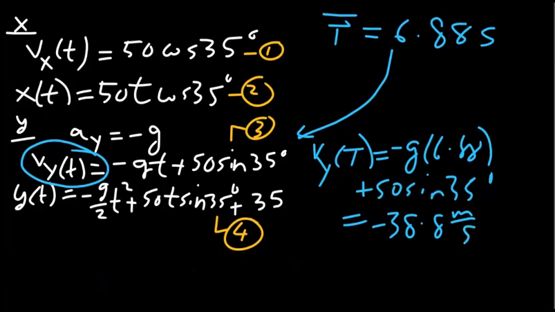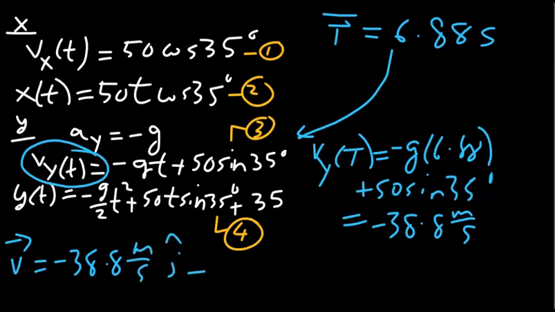So the velocity at the time of impact is minus 38.8 j hat plus 41 i hat meters per second.